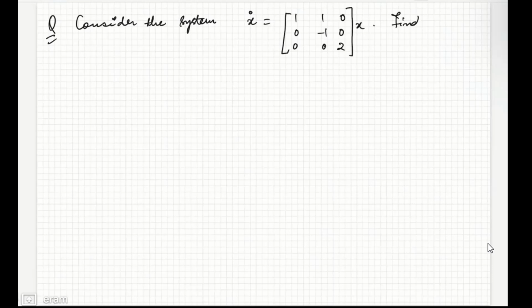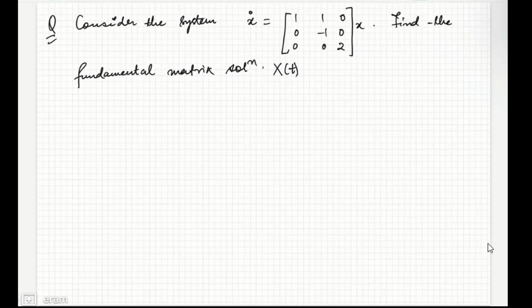Find out the fundamental matrix solution. Let's call that X(t). What will X(t) be for this case?